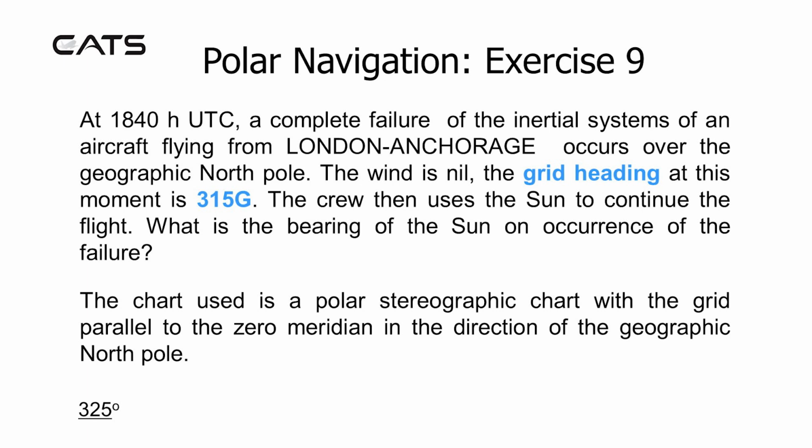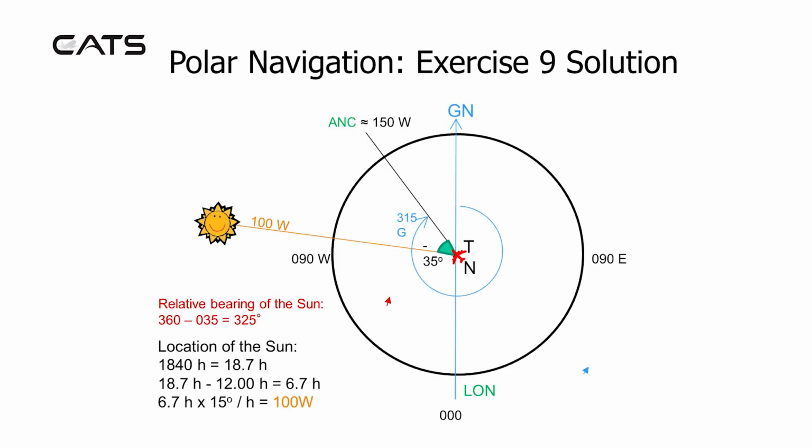So, draw a circle with north in the centre and west on the left and east on the right, with 000 at the bottom. The aircraft is in the vicinity of the North Pole, and the relative bearing of the sun is minus 35 degrees. The grid heading is 315 grid, measured from grid north, which is drawn straight up the page.